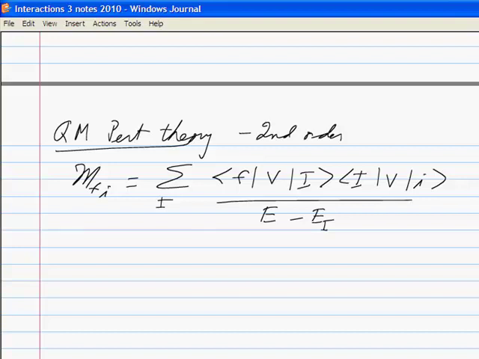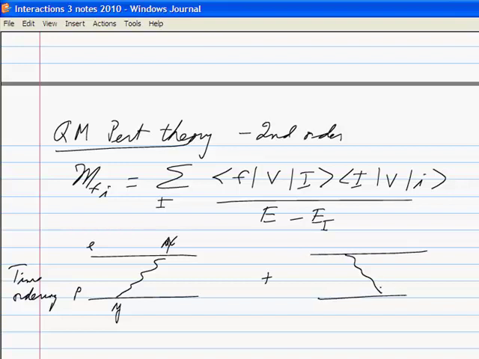What we are seeing in this process are the two time orderings: either the proton emits the photon or the scalar, or the electron side does.